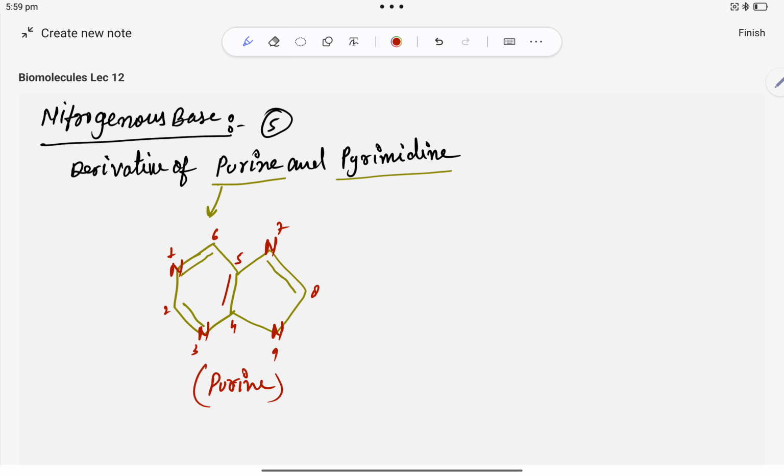Okay. What about pyrimidine? This is the structure of pyrimidine.